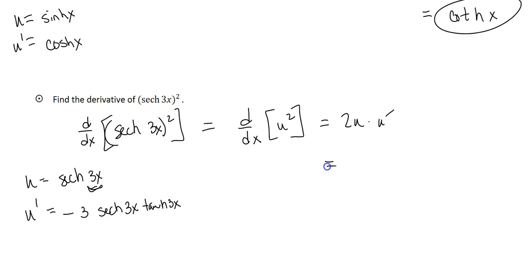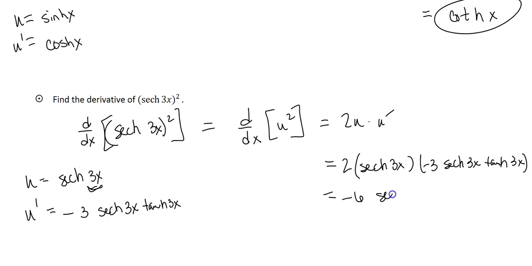So here we're going to have 2 times the hyperbolic secant of 3x, and then that's going to be multiplied by negative 3 times the hyperbolic secant of 3x times the hyperbolic tangent of 3x. So this ends up being negative 6 times the hyperbolic secant of 3x squared times the hyperbolic tangent of 3x. And that is my answer.